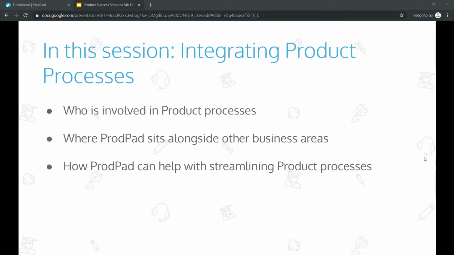A lot of the examples I'll give today focus on software-based products, but hopefully this can also be extrapolated out for other types of products like hardware and services and so on. But we'll use software as the main example.